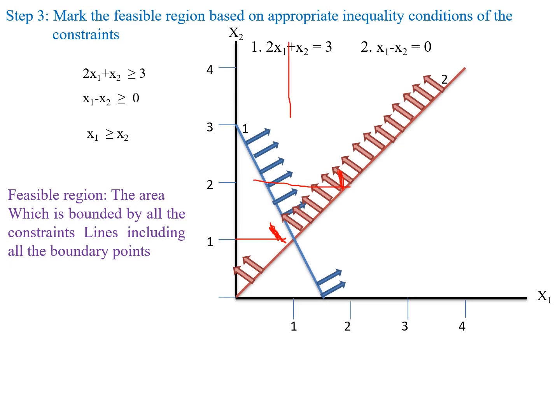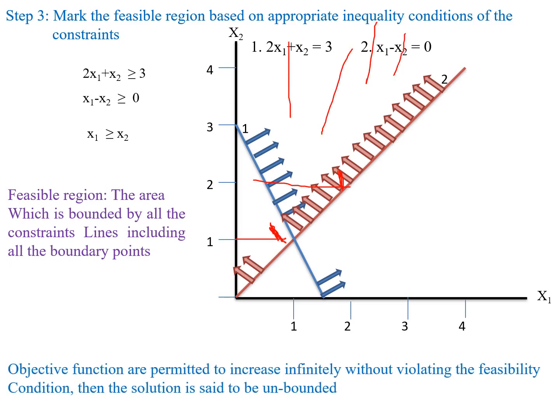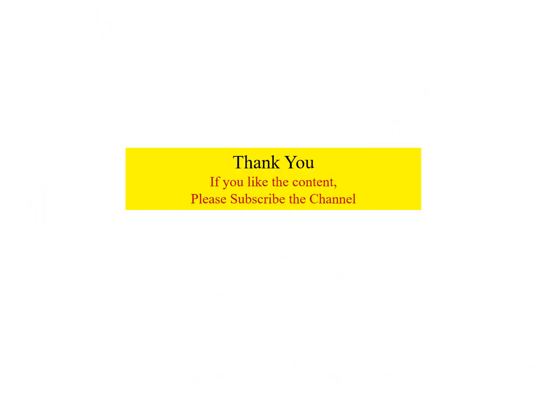So the objective function is permitted to increase infinitely without violating the feasibility condition. Then the solution of the given objective function is said to be unbounded. So this is the solution. So thank you.